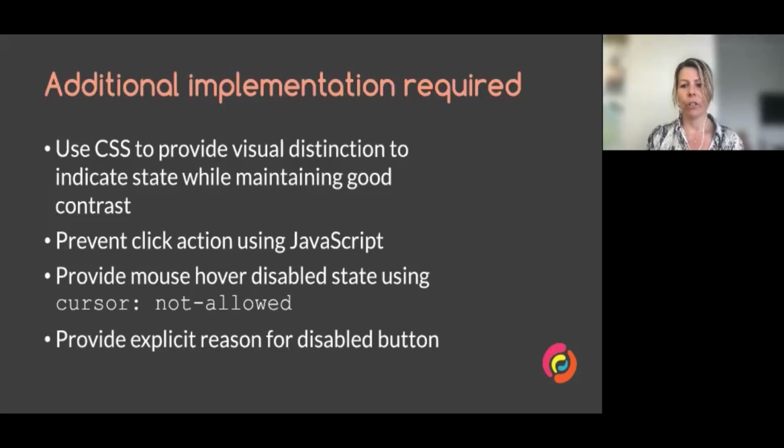Some suggestions would be to use CSS to provide some visual distinction, while maintaining good contrast so that low vision users can still read and detect the button. Preventing any click action using JavaScript.